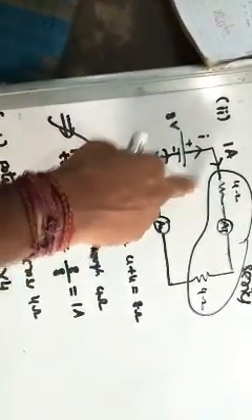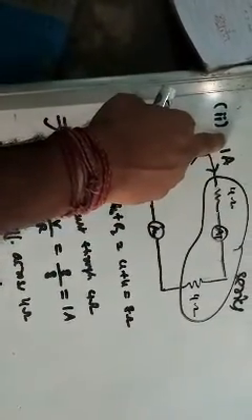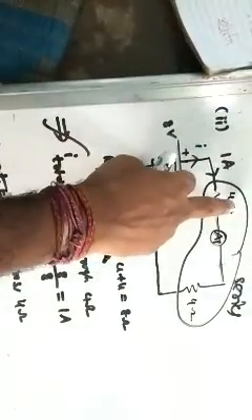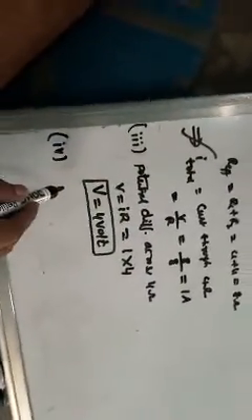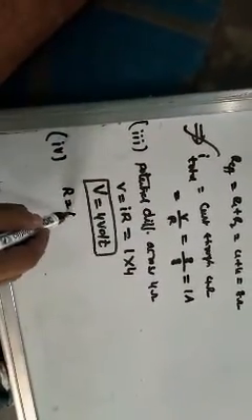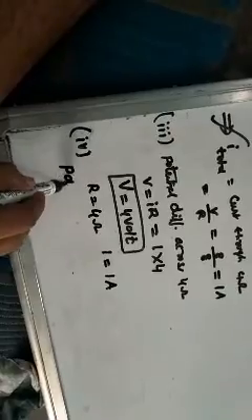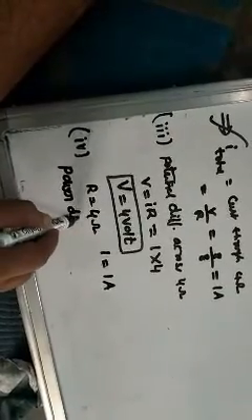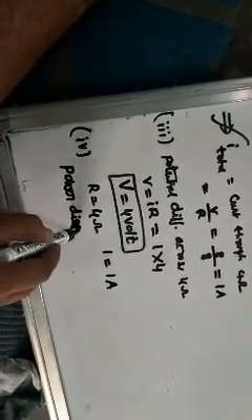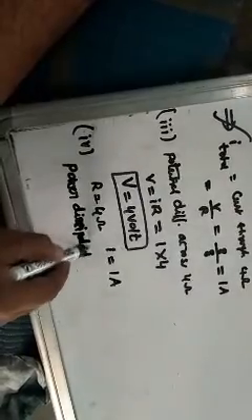The 4 ohm resistor is there. How much current is flowing here? 1 ampere. Resistance is 4 ohm and the current flowing through is 1 ampere. So they are simply asking for the power dissipated.